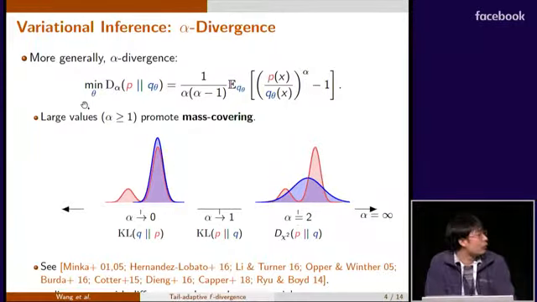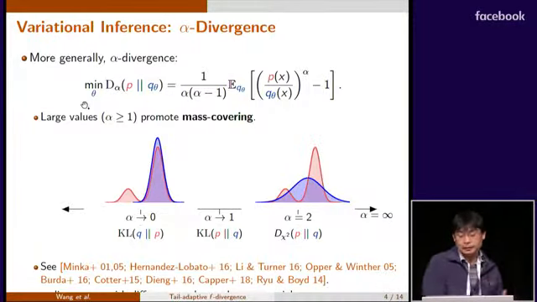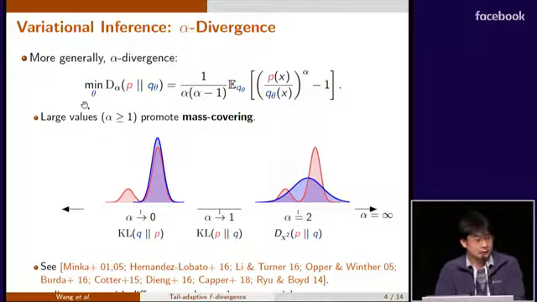Here in the graph, we show an example with a Gaussian mixture for P and a Gaussian for Q. But in practice, we can use a fairly flexible Q theta. These days we can use mixture models or normalizing flows, so Q theta could be very flexible. In this case, it's really helpful to have an objective function that promotes stronger mass covering in order to achieve a better approximation.